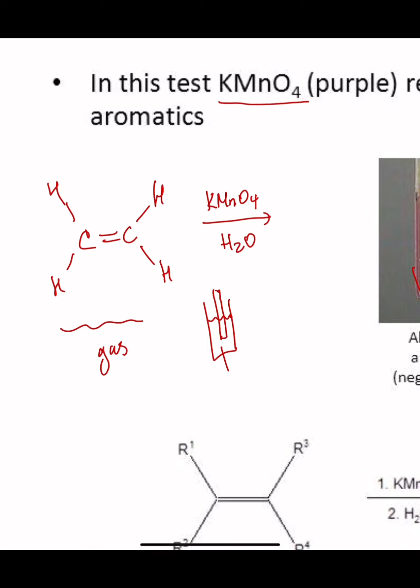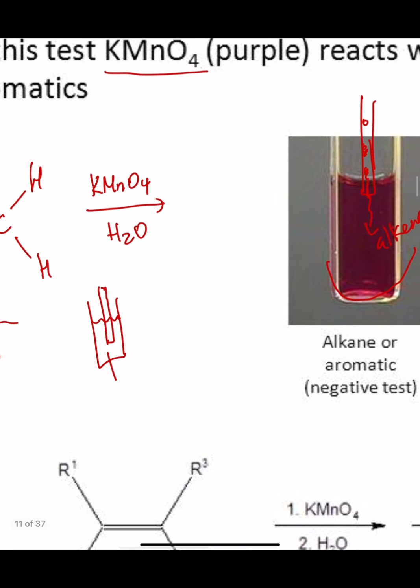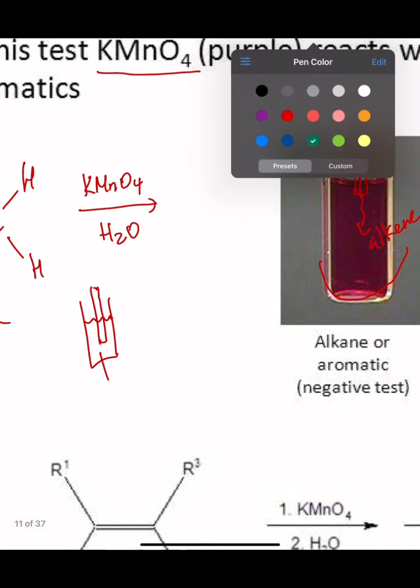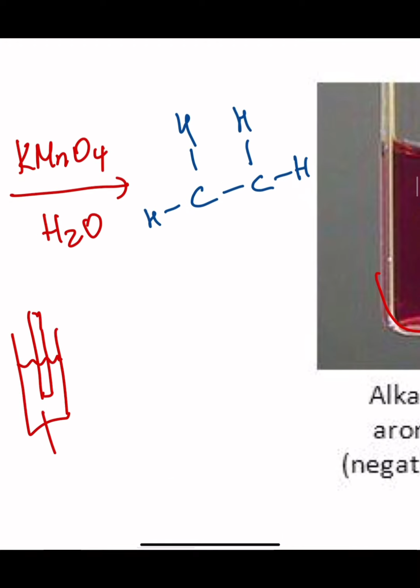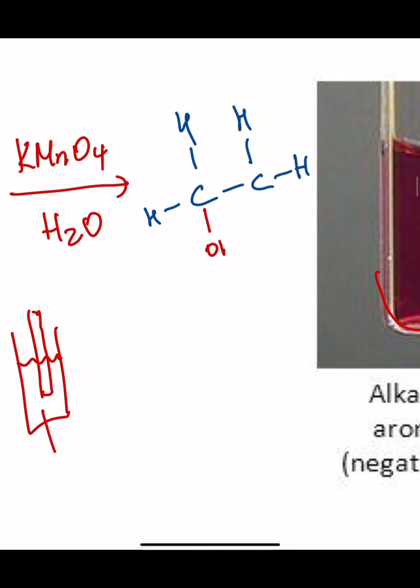What happens in here is that this double bond is broken. And when it's broken, it looks like this. So I've got carbon, carbon. So you see, I broke the double bond. Now, the rest of the stuff is I'm just gonna add OH here and OH here.